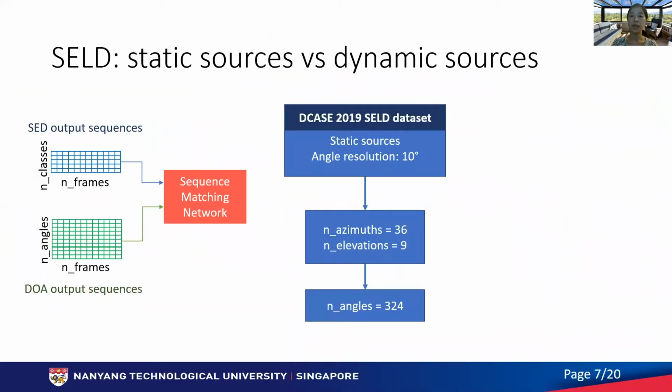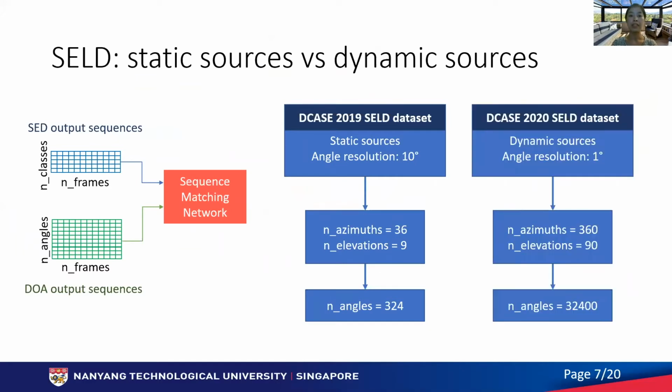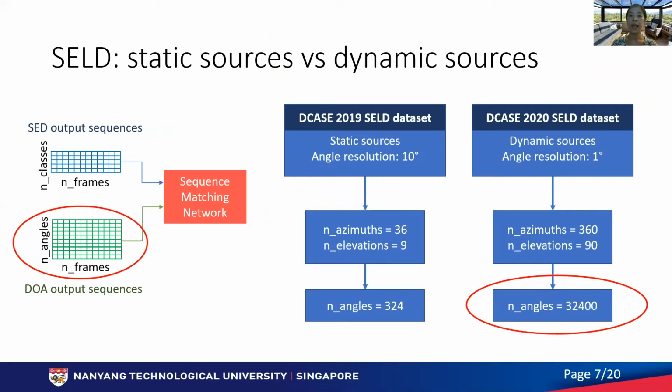The sequence matching network works well for static sources. However, it is not directly applicable for dynamic sound sources. The reason is that dynamic sources require much higher angle resolution than static sources. Therefore, the angular dimension of the DOA output sequences is getting prohibitively large.